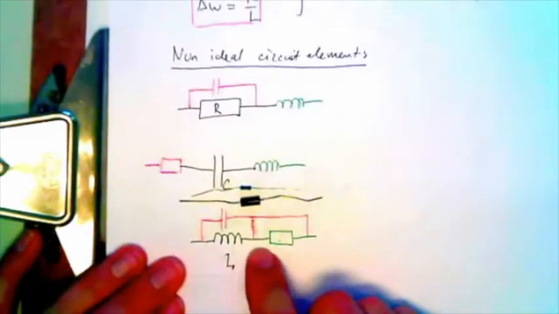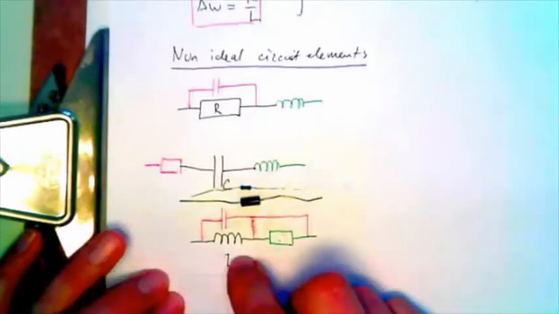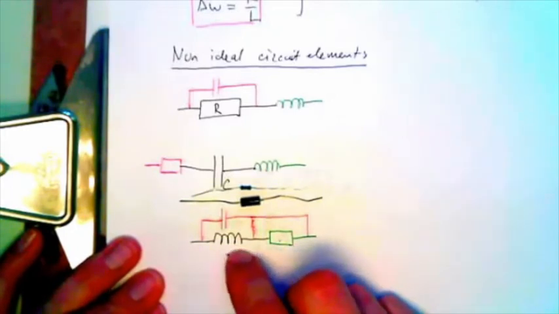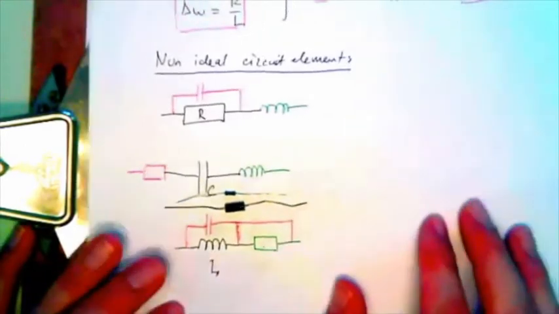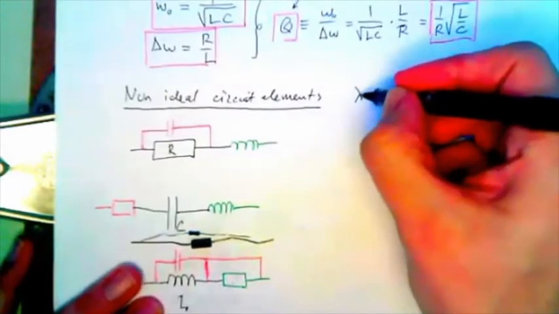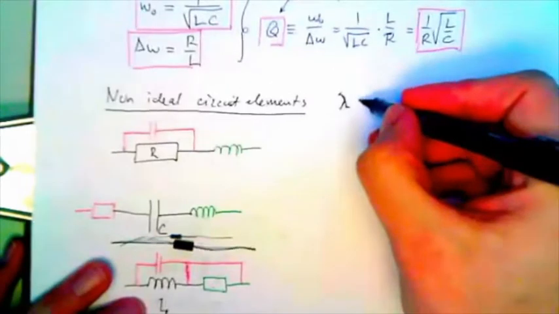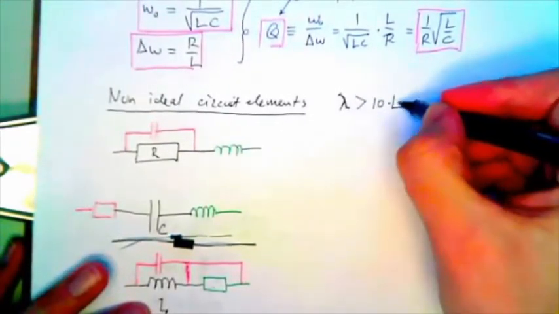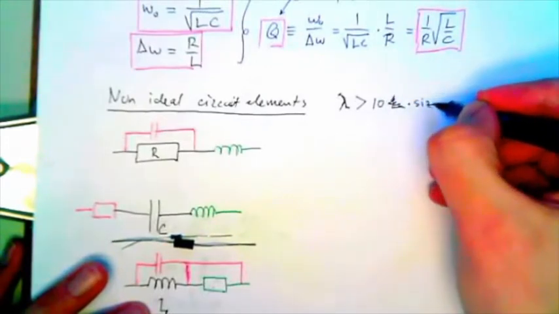If you go to really, really high frequencies, you can no longer assume that this inductance is a lumped element, but you have to really consider the finite size of it, and then you have to start worrying about stuff. So this is usually when lambda, the wavelength of whatever AC circuit it is, is still bigger than 10 times the size of the component.